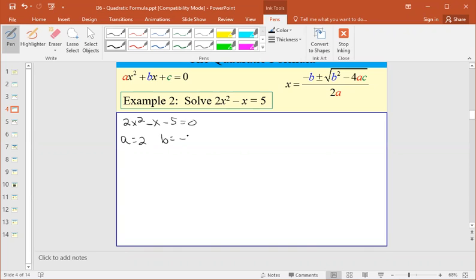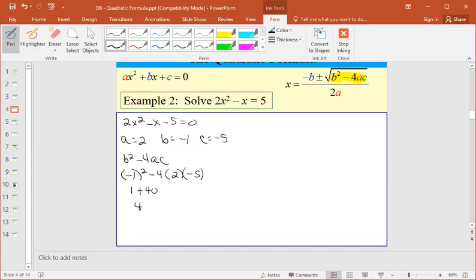Our b is -1 because it's a -1x, and c is -5. Once again, I'm going to deal with this b squared minus 4ac first. So -1 quantity squared minus 4, my a is 2, c is -5. 1 squared is 1. -4 times 2 times -5 is +40.